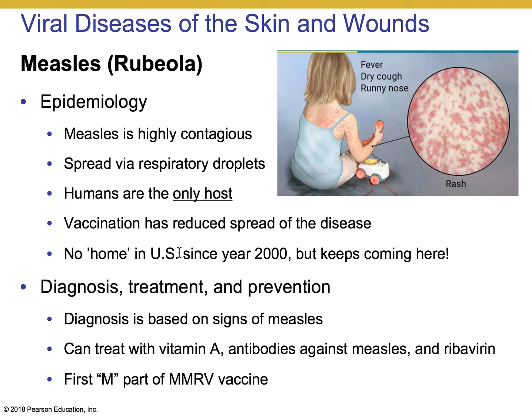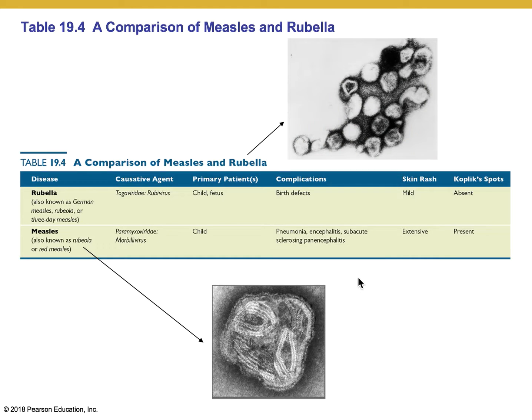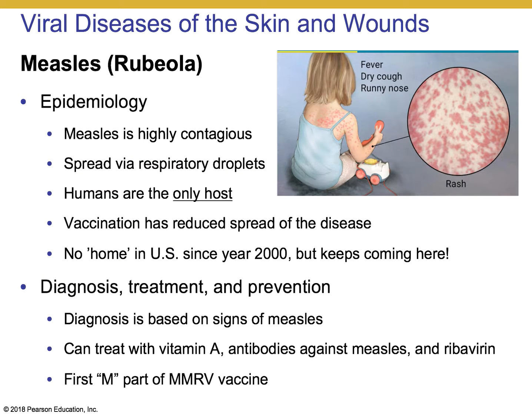In fact, since the United States instituted its vaccination program, the number of new cases that arise here has been 0 since the year 2000. But it comes here from other places where vaccination rates are still low, and the recent outbreak at Disneyland is one example of that.